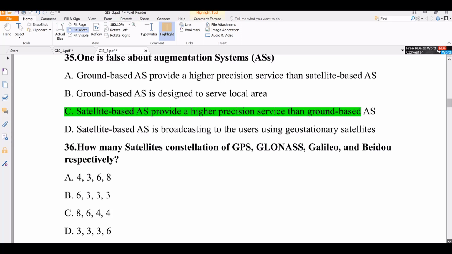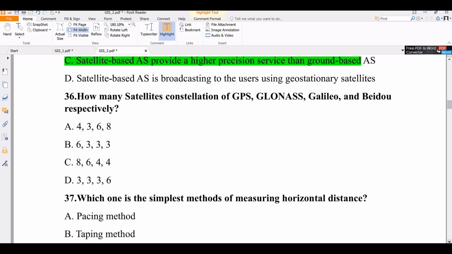Question number 36. How many satellites are in the constellations of GPS, Galileo and Beidou respectively? So this is how many satellites in each constellation respectively, which is 6333. So this is a constellation or the collection.